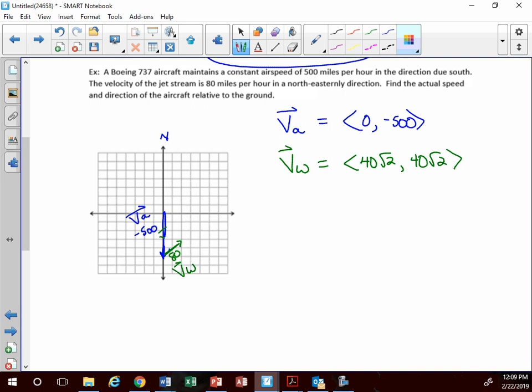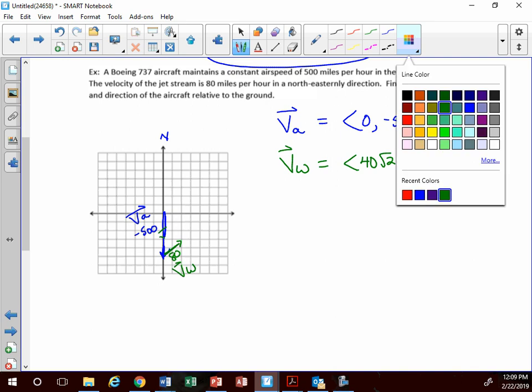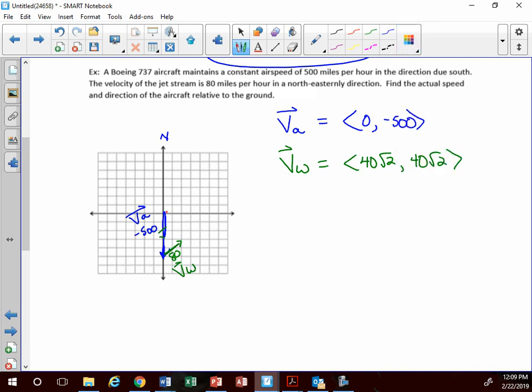Double check those. Okay, now let's figure out where the plane actually is. So I'm going to do that guy. I'm going to call that vector resultant, because that's like where the plane ends up. Okay, it's been pushed off course a little.